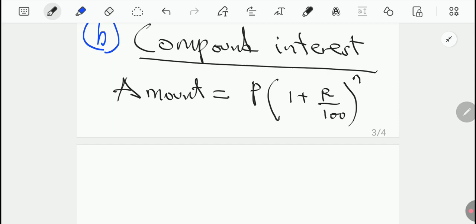So we can note something, that compound interest is the same as simple interest, but adding it several times, adding it up.